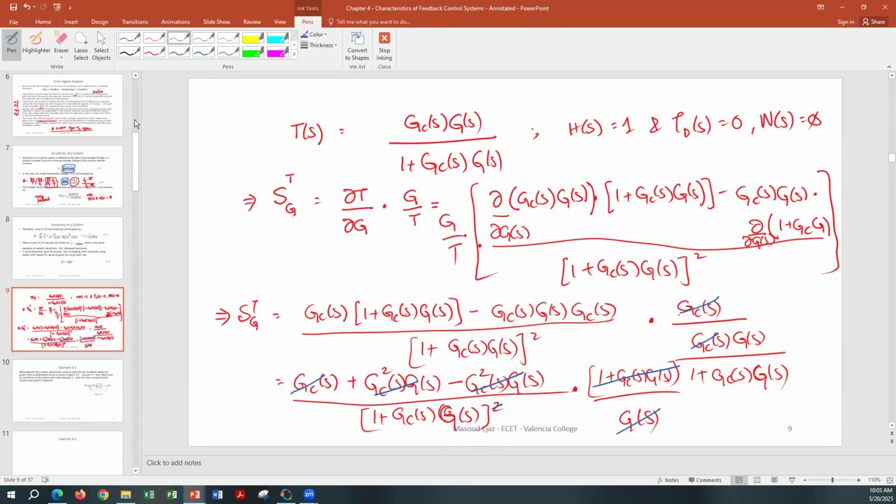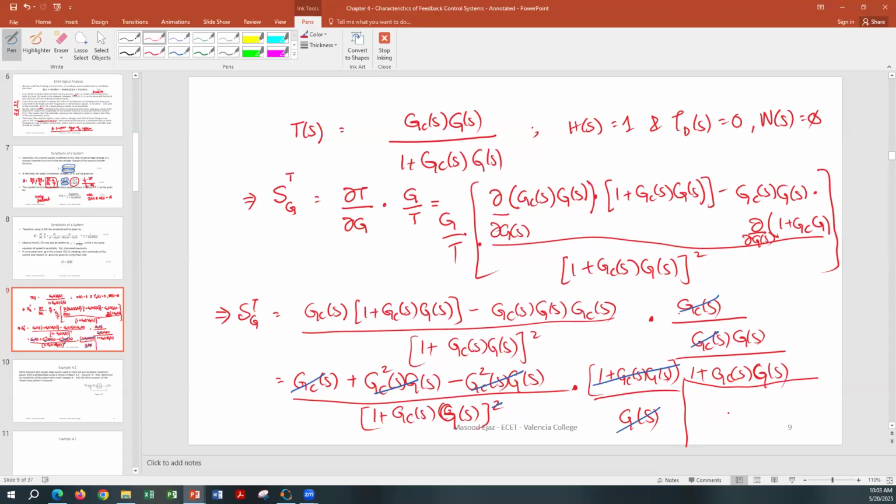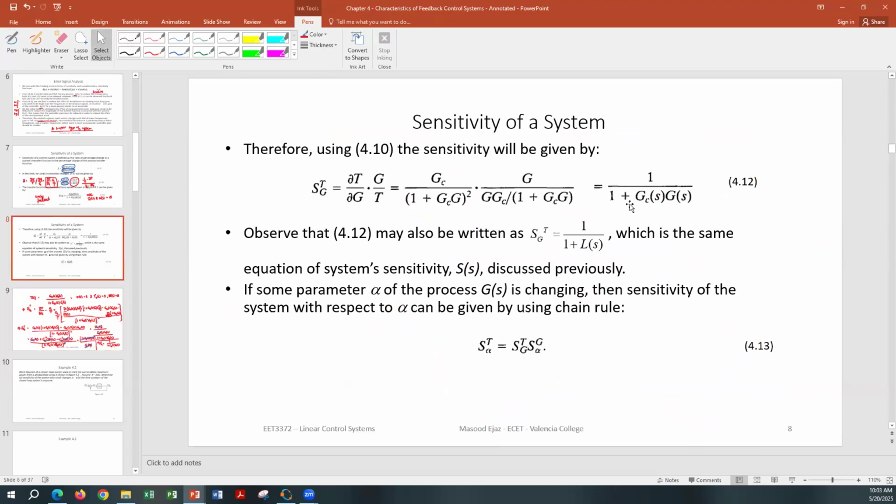Insert another slide. Let's just write down here maybe. Let me write down the sensitivity of T with respect to G. So that's how we got the sensitivity 1 over 1 plus GC(s)G(s), which is right here.